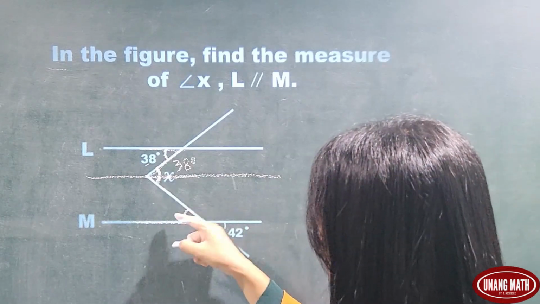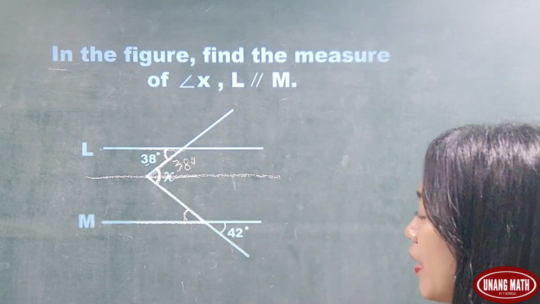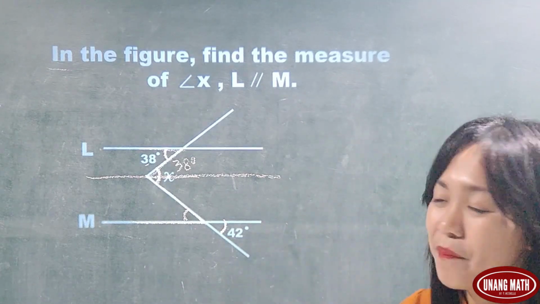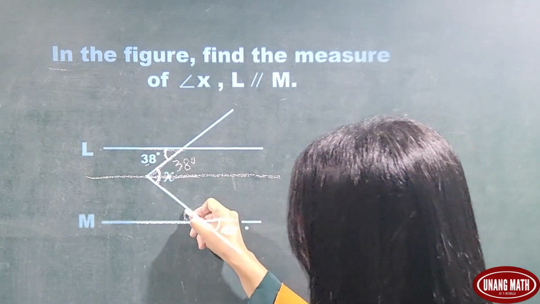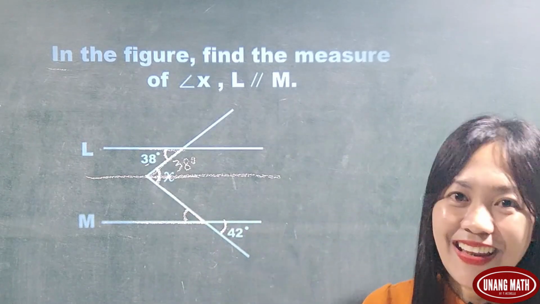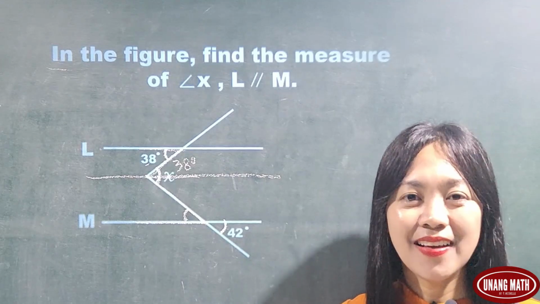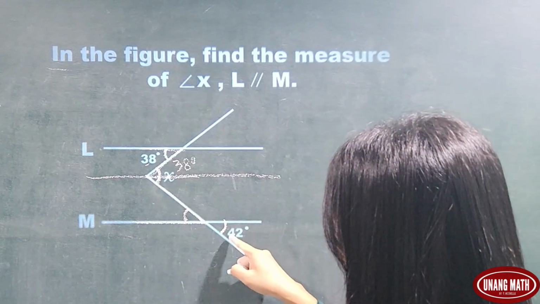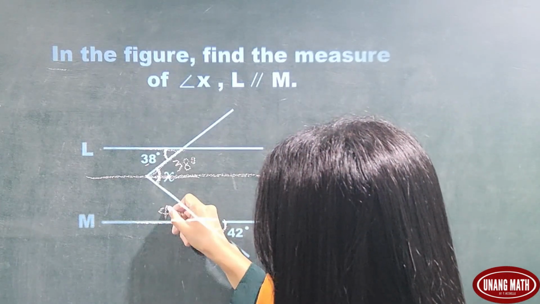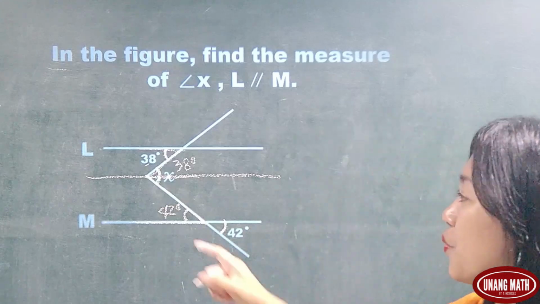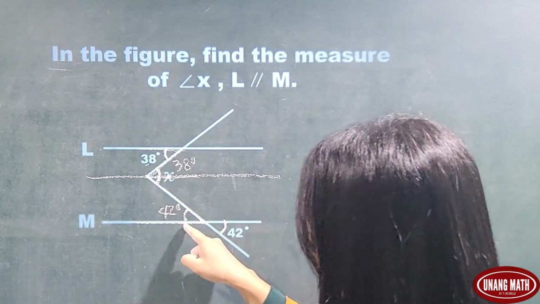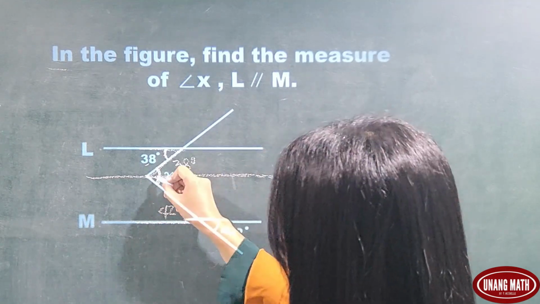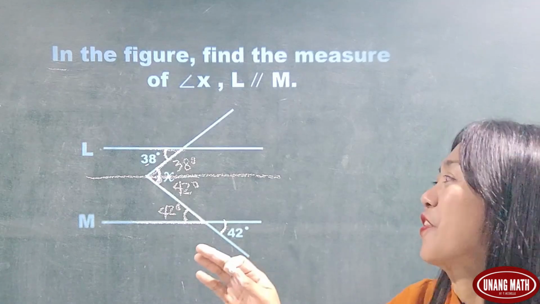But we don't know the measure of this angle. There is a given here that this angle is 42 degrees. This angle and this angle are vertical angles. We know that vertical angles always are equal in measure. So if this is 42 degrees, then that means this is also 42 degrees. If this is 42 degrees, then this angle is also 42 degrees because these are alternate interior angles.